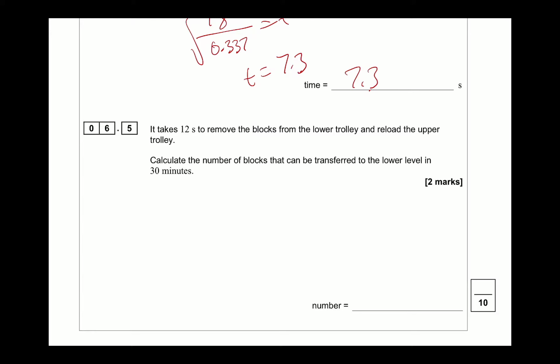Okay, so for each cycle, to remove 2 blocks, it's 19.3 seconds.